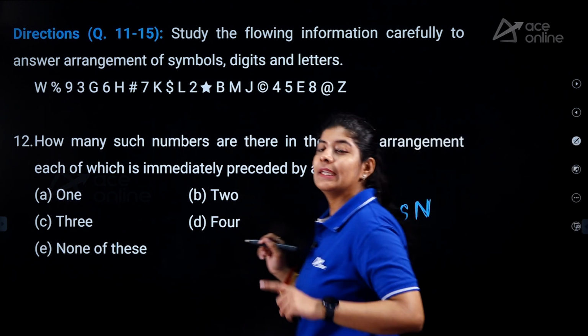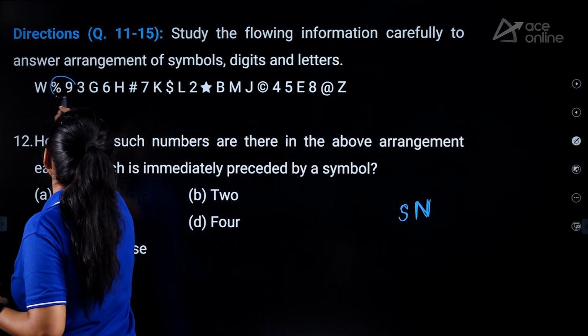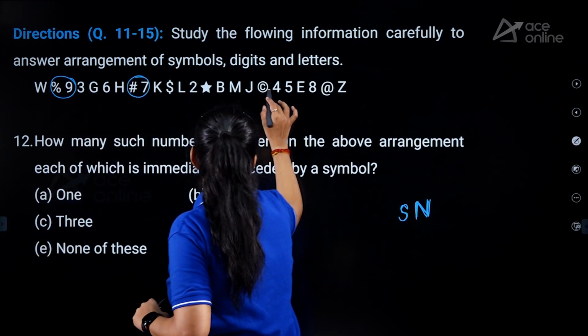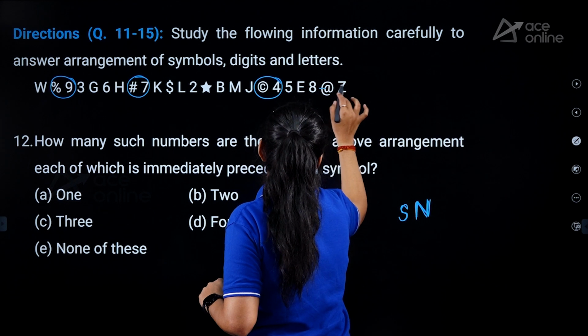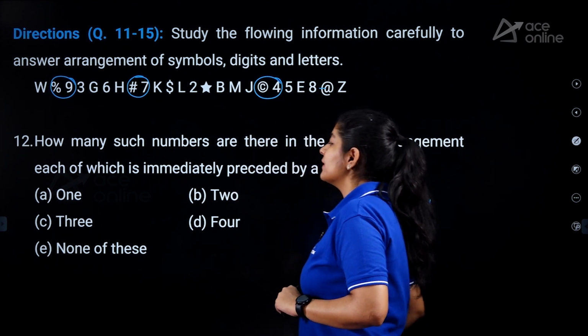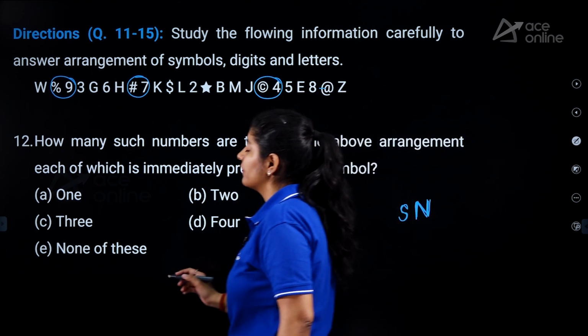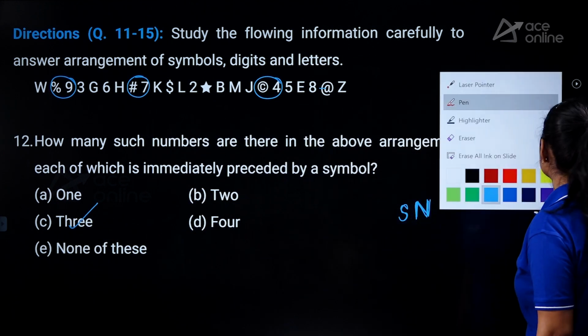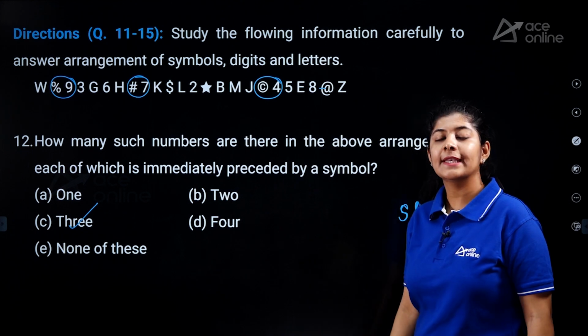Here we need a symbol and a number: symbol, number, symbol, number, symbol, number. Basically, how many pairs do we have? We have 3 pairs. So we will go with our option number C. Clear? Next.